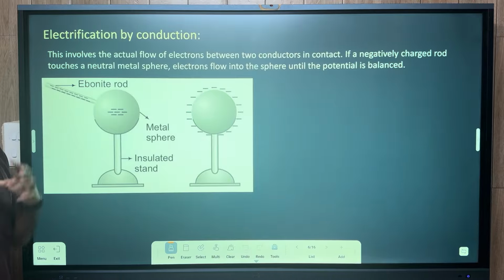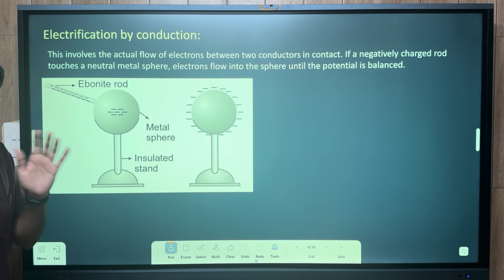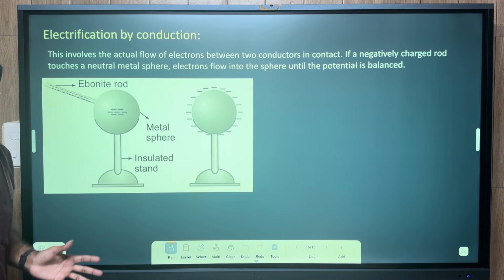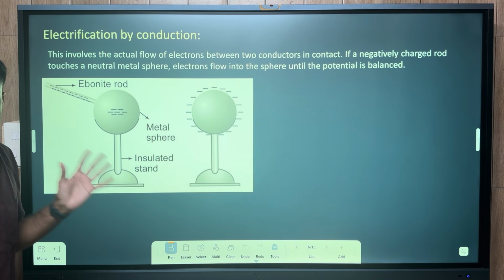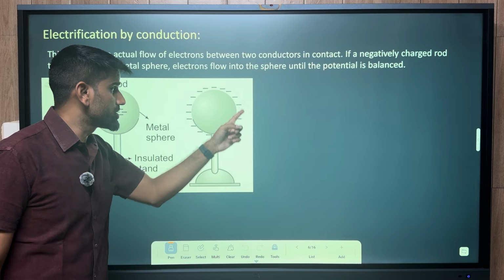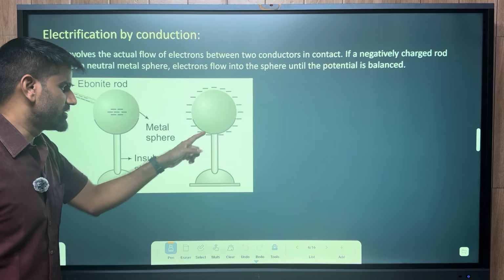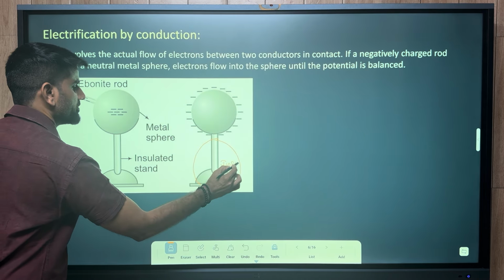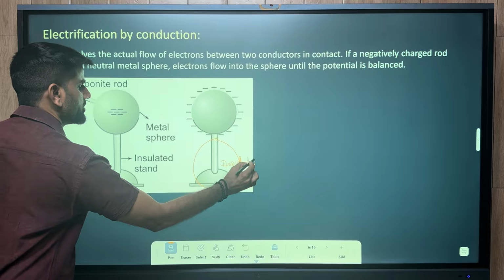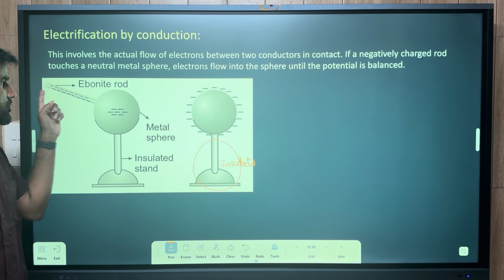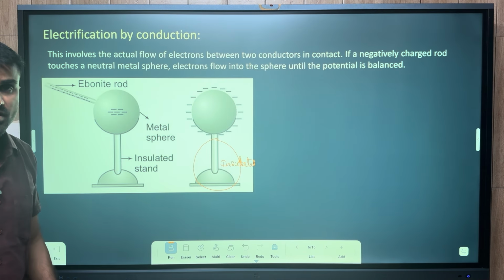The basic property of a conductor is that when charge is given to it, the entire charge is redistributed uniformly on the surface of the conductor, not inside. This excess charge is distributed uniformly on the surface. Again, these are insulated, and the insulated stem, so this entire thing is insulated. Only the conductors are where the charge transfer takes place.